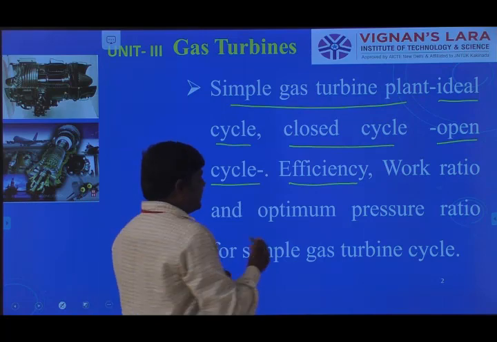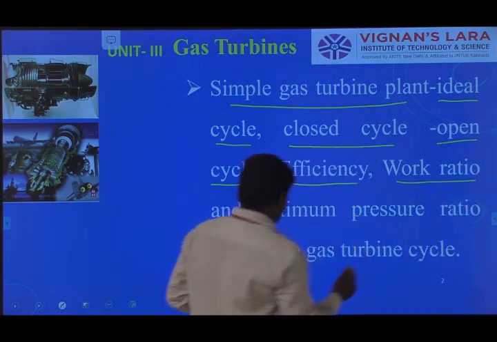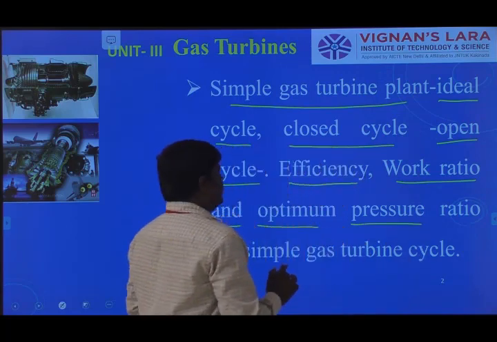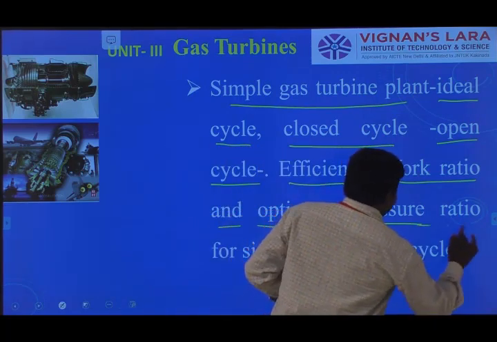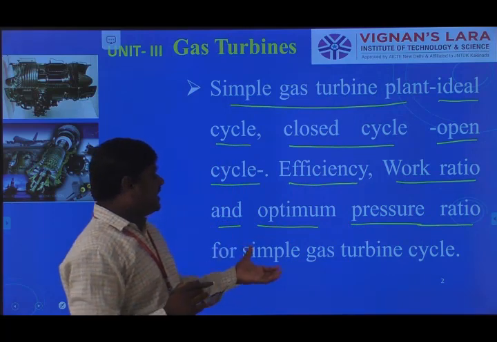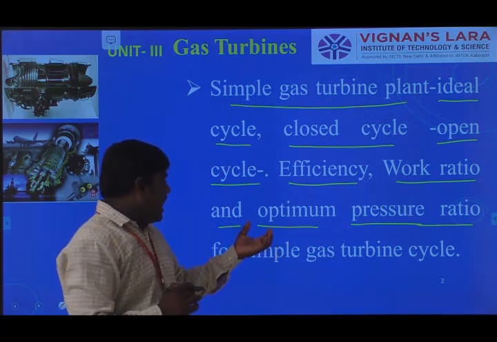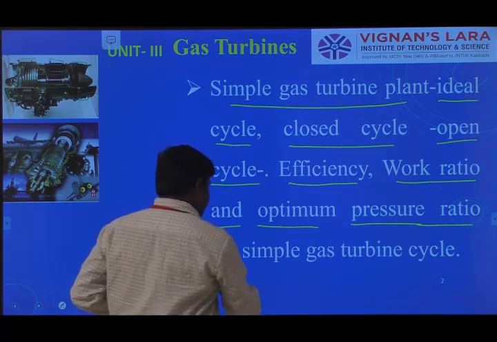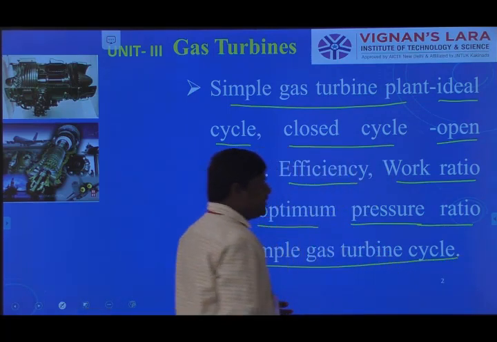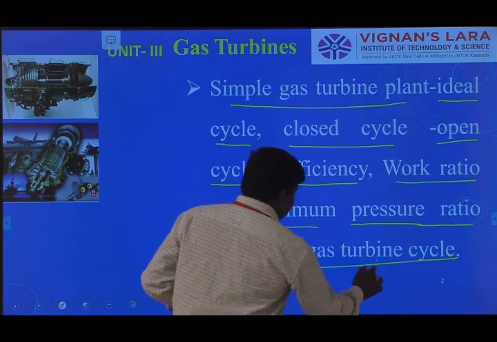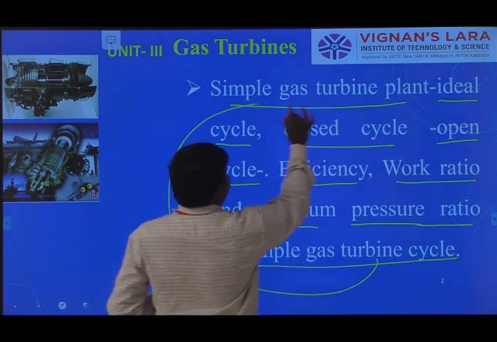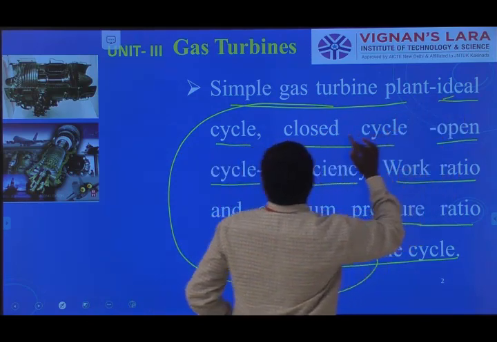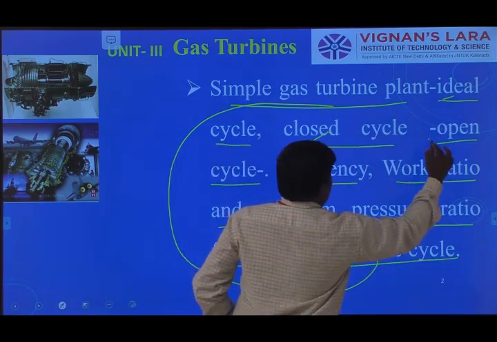Then the work ratio and optimum pressure ratio. The first thing is the work ratio, and then the optimum pressure ratio, for simple gas turbine cycles like the ideal cycle, closed cycle and open cycle.